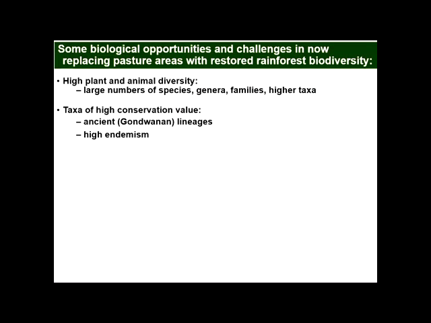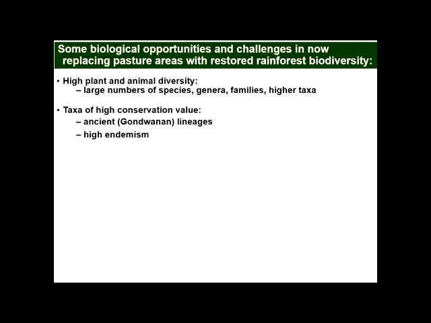So the current challenge, which is ongoing, is to replace more of that pasture with restored rainforest biodiversity. And the fact that we're dealing with this diverse rainforest ecosystem presents opportunities and challenges.